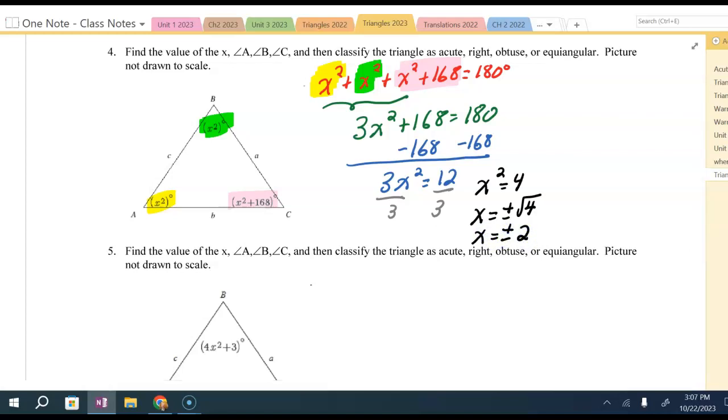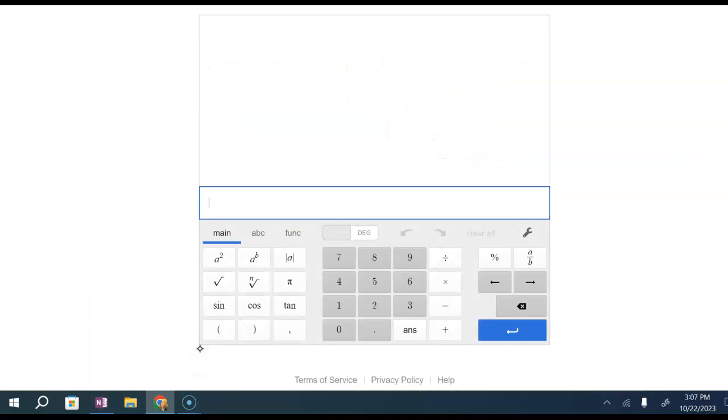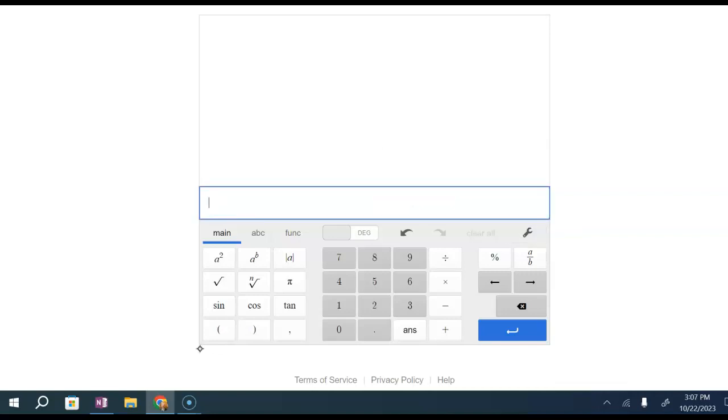And then I'm going to use my calculator and evaluate. So on the scientific calculator, since x is 2, I would say 2 squared and I'll get 4. The other angle B is also 4, and then to get angle C, I'm going to say 2 squared plus 168.